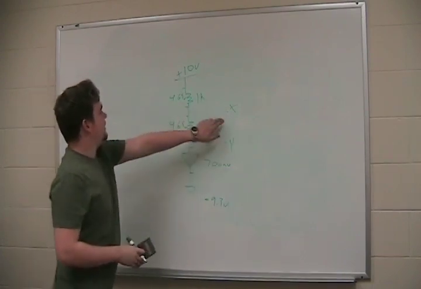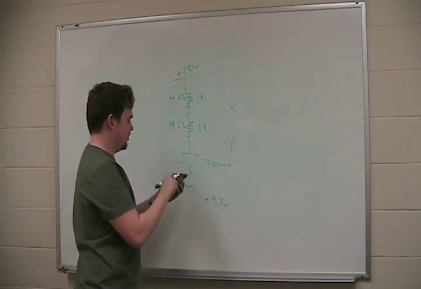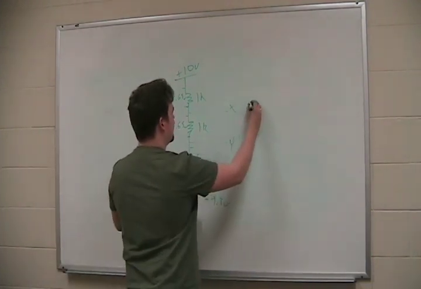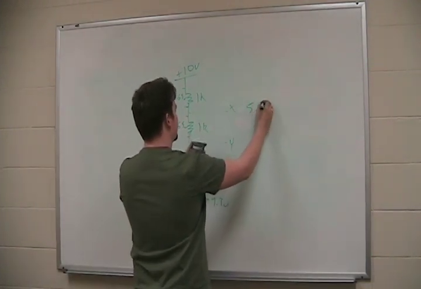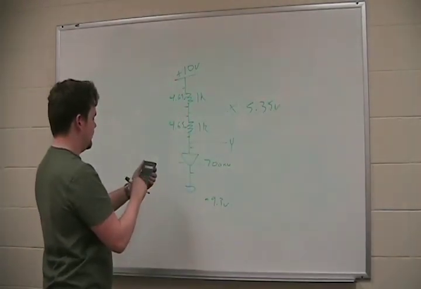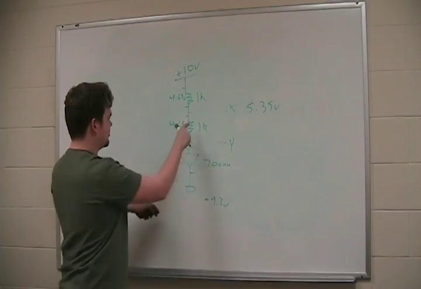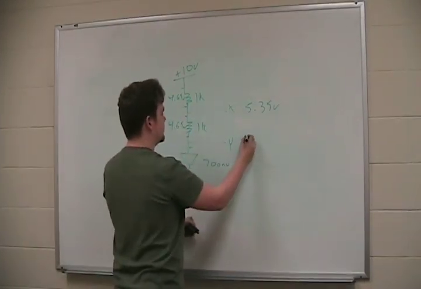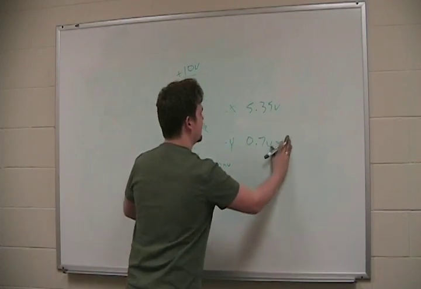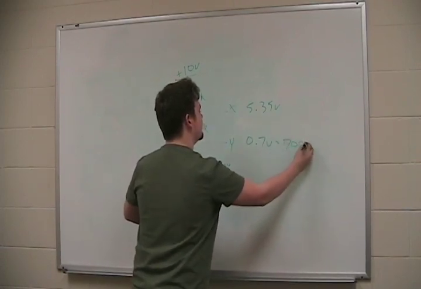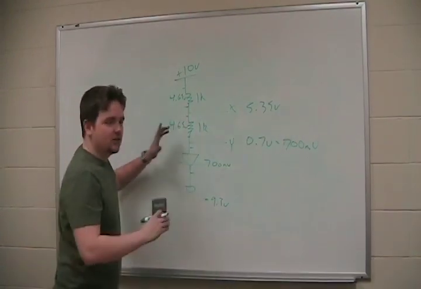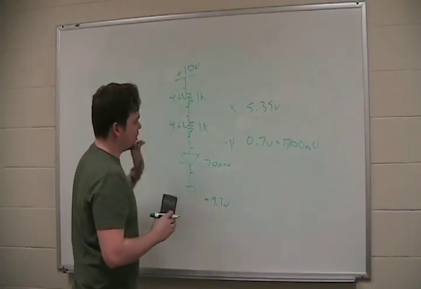So if we want X, 10 minus 4.65 is 5.35 volts, minus 4.65 dropped along here, and we get 0.7 volts, equaling 700 millivolts, which is just enough left to be dropped across there. Now, do you see how this works? It's all proportional.